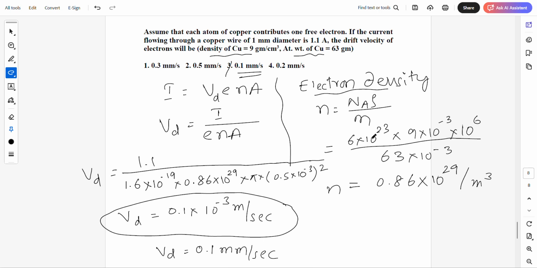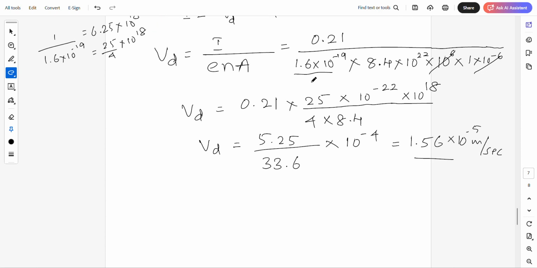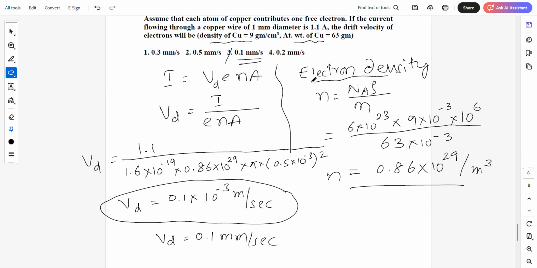You should know the Avogadro number and all those things. First you have to calculate n, and after calculation of n, you have to calculate Vd. In the previous problem also, you have to calculate very clearly, then only you'll get the answer. Be careful in these kinds of problems. These are called level 2 problems because you have to work them out.